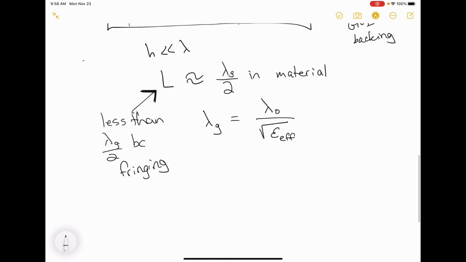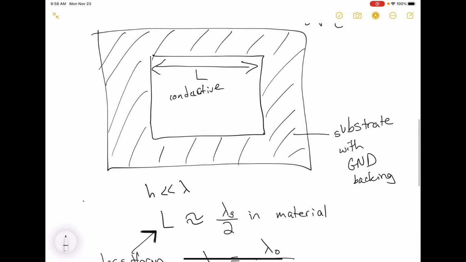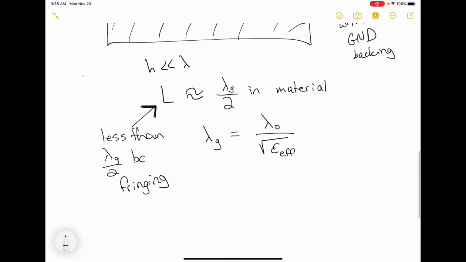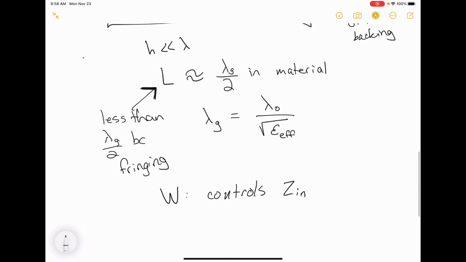And the last dimension of the patch that we have to talk about is its width. So if we talk about its width here, that controls the input impedance. And here's how it controls it.